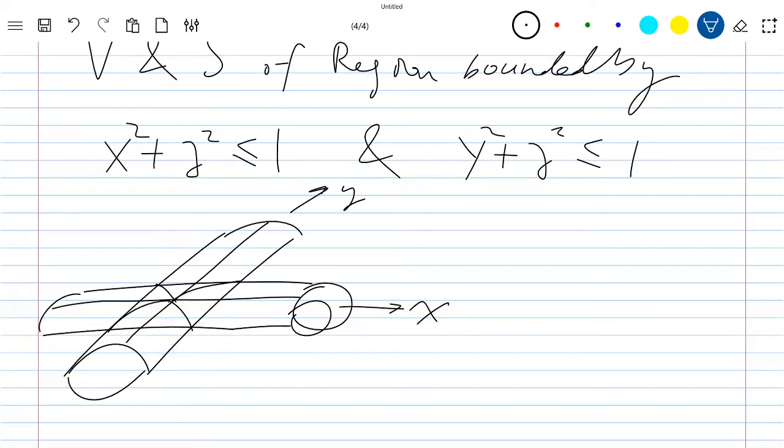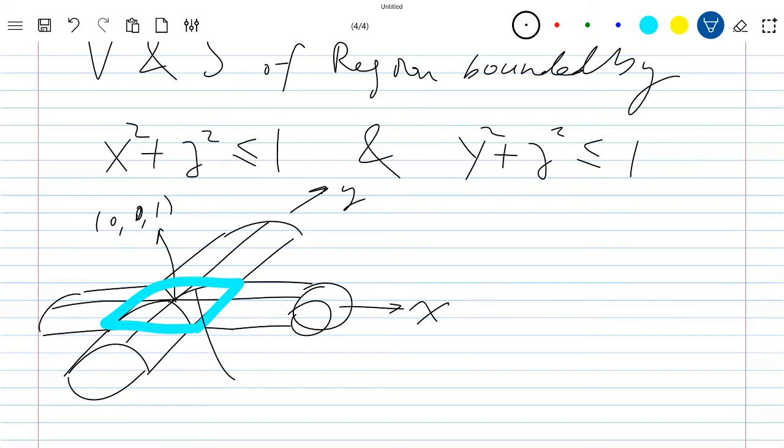This middle point is 0, 0, 1, so it's quite high, and this is the square, right? x equals plus minus 1, y equals plus minus 1, and this square contains the 3D object, in particular this one in the first quadrant.